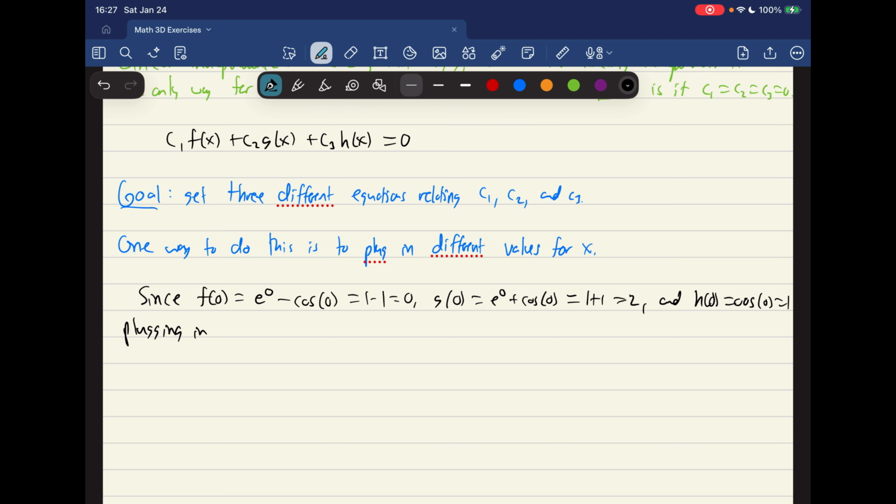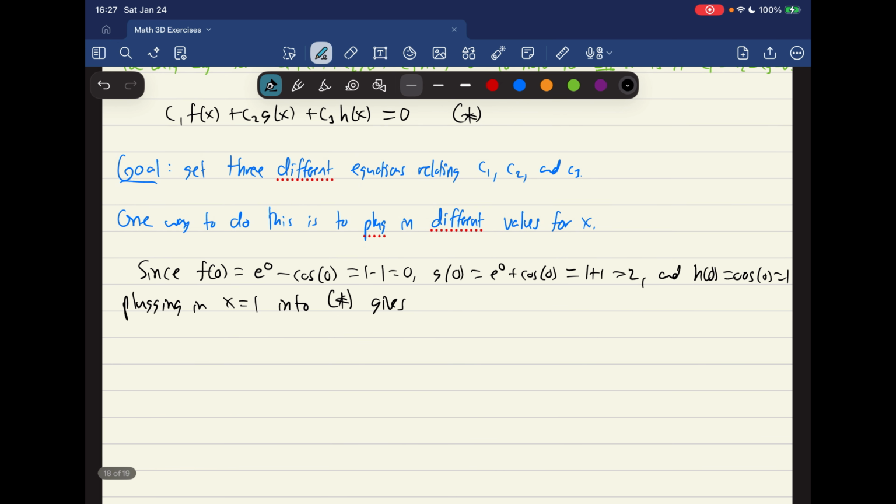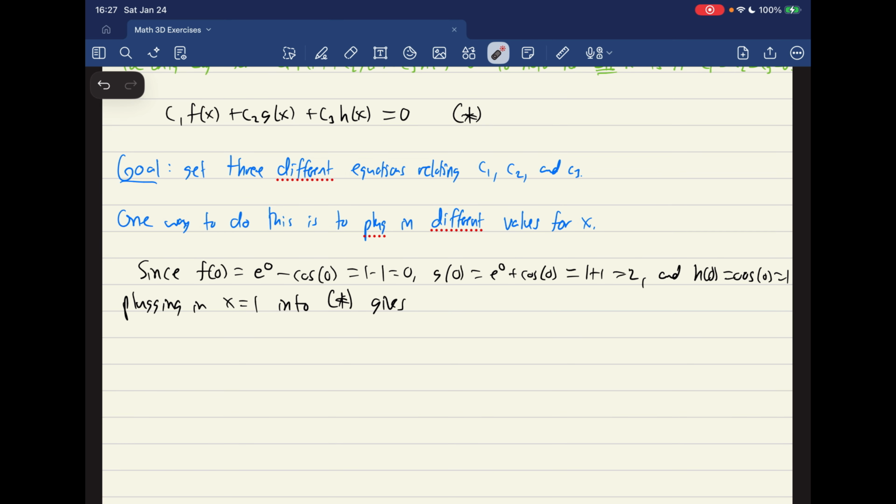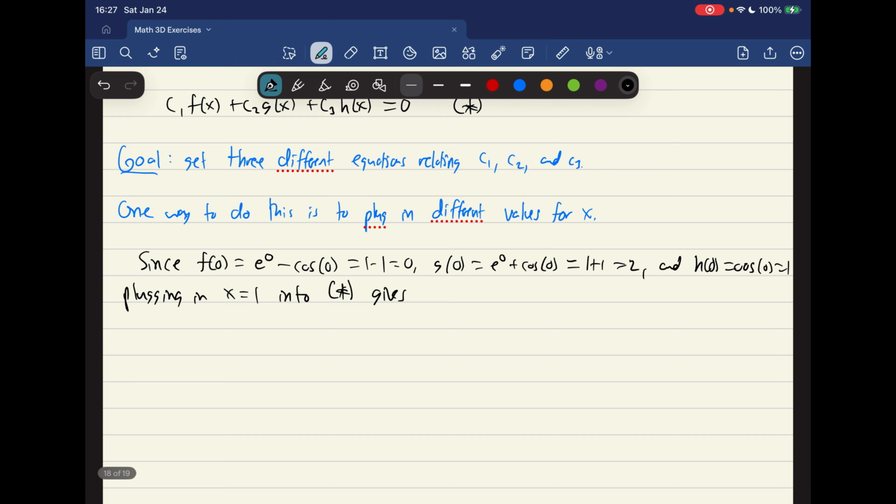We see that plugging x equals 0 into the equation, which I'm going to call star, gives that f of 0 is going to vanish, so c1 vanishes. And then we're going to have c2 times g of 0, which is 2.